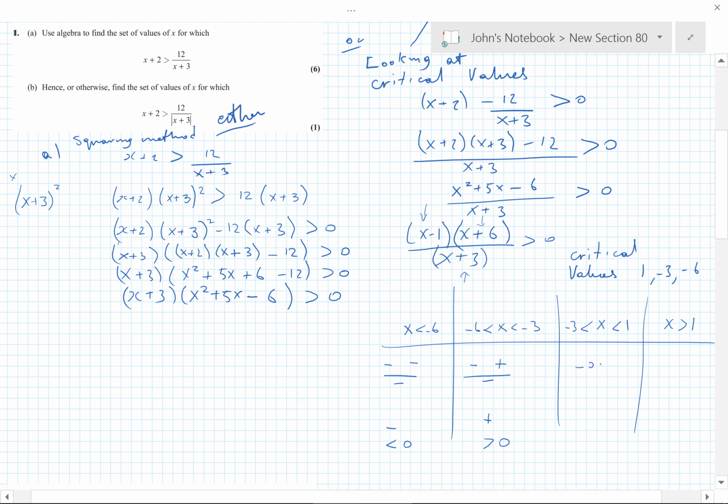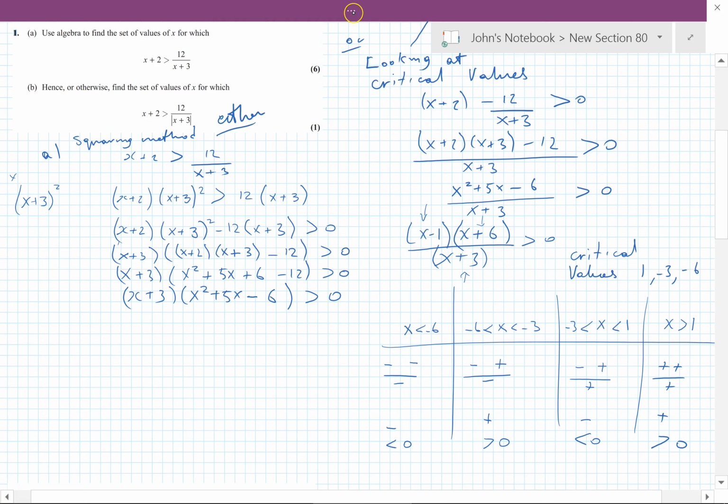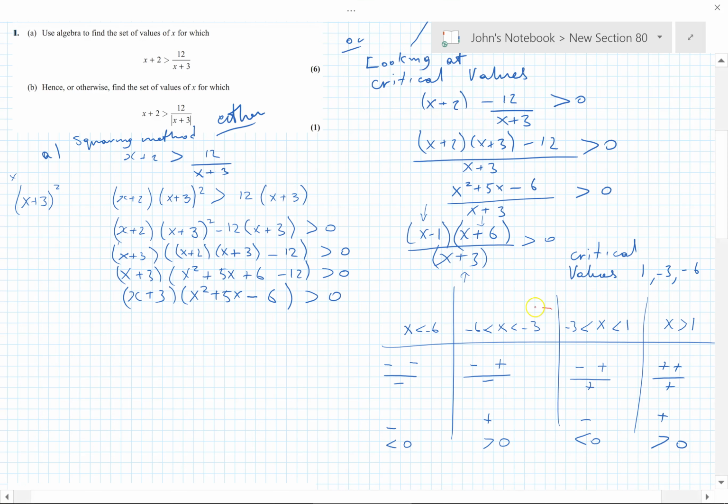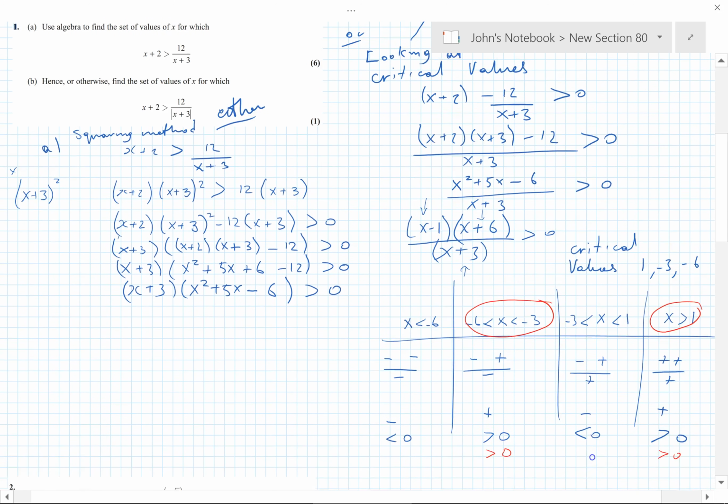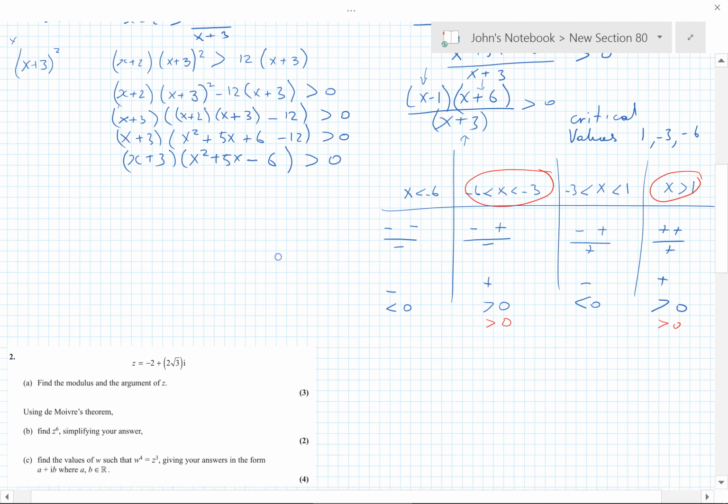So that's negative, positive over positive, so the whole thing is negative, less than 0. And then, of course, if x is greater than 1, then all three brackets are positive, so it's greater than 0. So that means our final answer is this and this. Greater than 0 applies for those two, which gives us our answer.